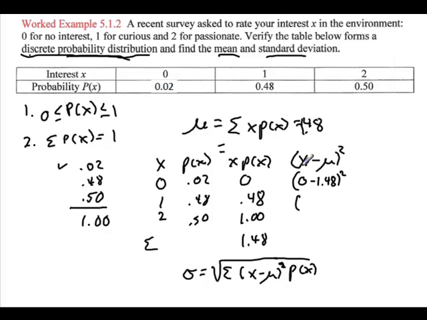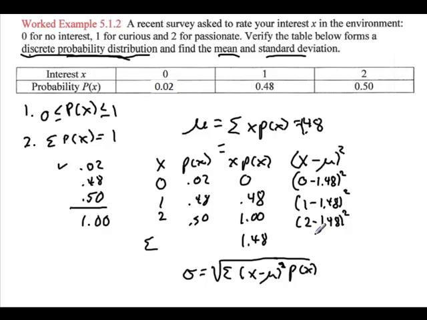Next, 1 minus 1.48, and square that. Next, what's the next value? X is 2. So take 2 minus 1.48 squared.